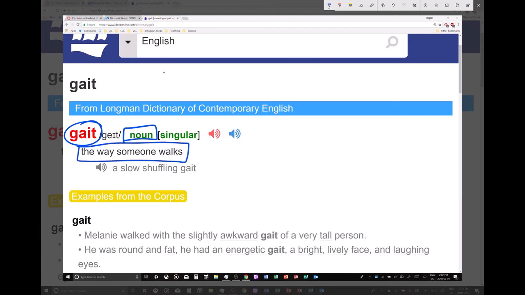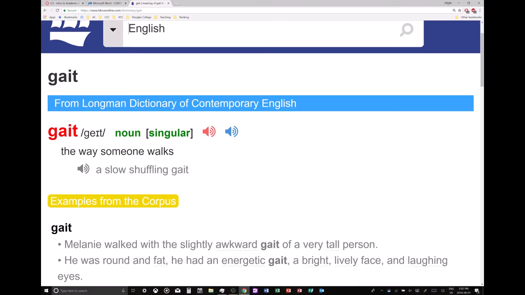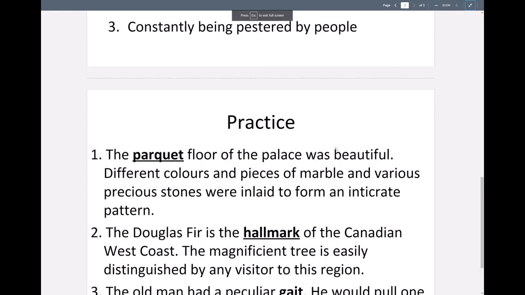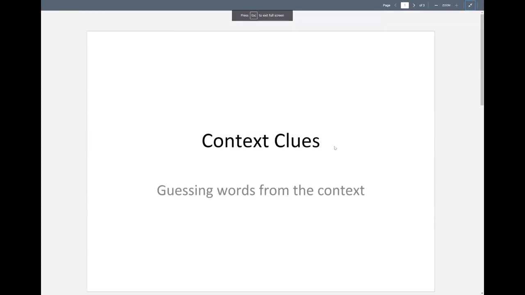So the foot movement, and then the body movement, when someone walks. That's good. So that's it. Those are the 3 words we checked, and that's it for this short lecture on guessing words from context.